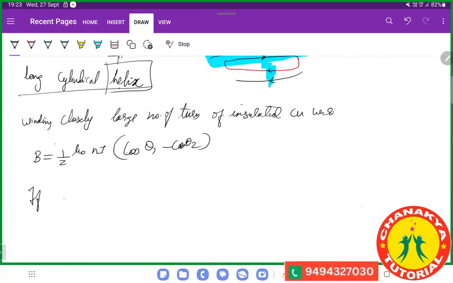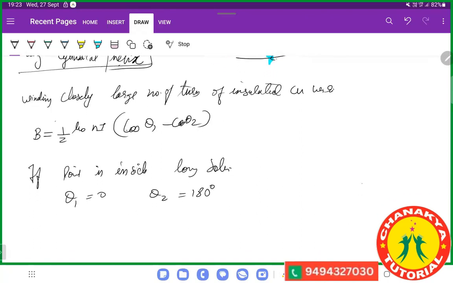Now, if the point is inside a long solenoid, then theta 1 will be 0 and theta 2 will be 180 degrees. So one angle is 0 and the other is 180 degrees.